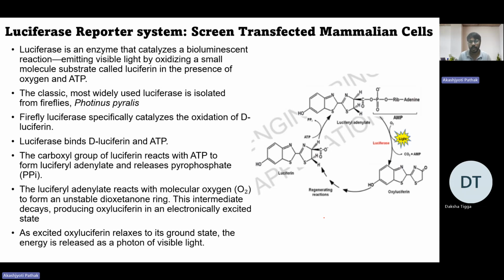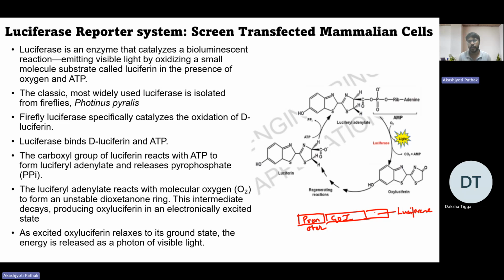If you have your gene of interest cloned downstream of a promoter, and you have fused the luciferase gene along with it, then you can check the expression of this gene by directly measuring the light output.